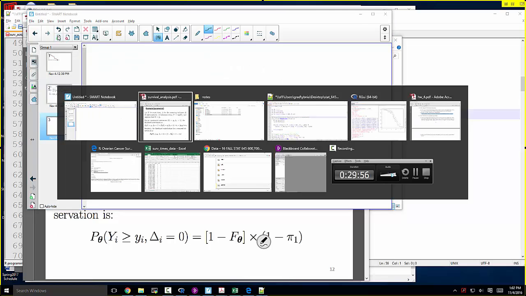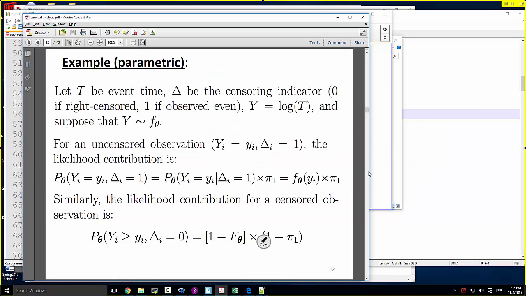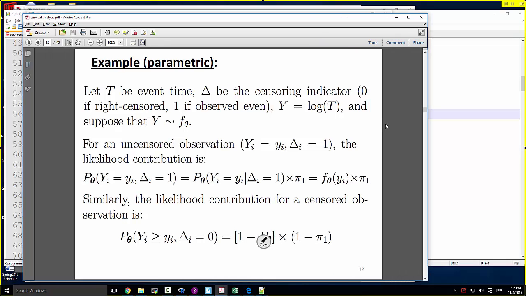So let's think about what a likelihood would look like with censored data. We're going to say T is the event time and delta is the censoring indicator: 0 if right censored, 1 if it's an actual death. And for convenience, we're going to define Y as log event time.